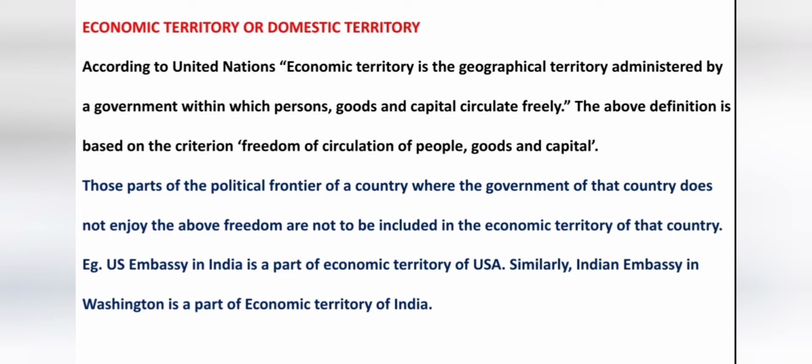This concept is very important from the domestic income point of view. All the economic activities conducted inside the domestic territory of a country are included in the domestic income of that country only. There are many examples for the concept of domestic territory of a country.